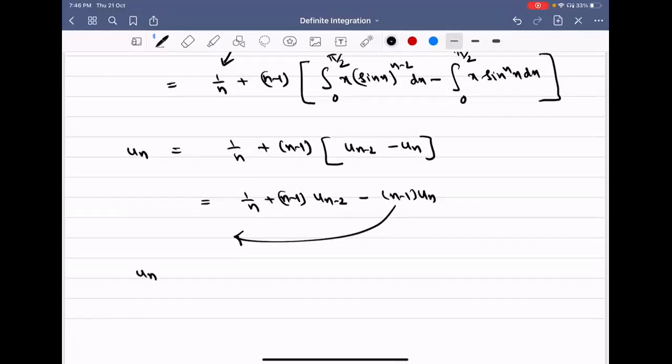Then in the next step, Un plus n minus 1 into Un is equal to 1 by n plus n minus 1 Un minus 2.